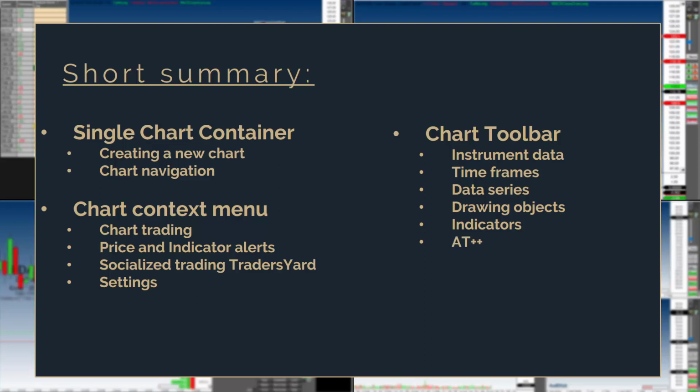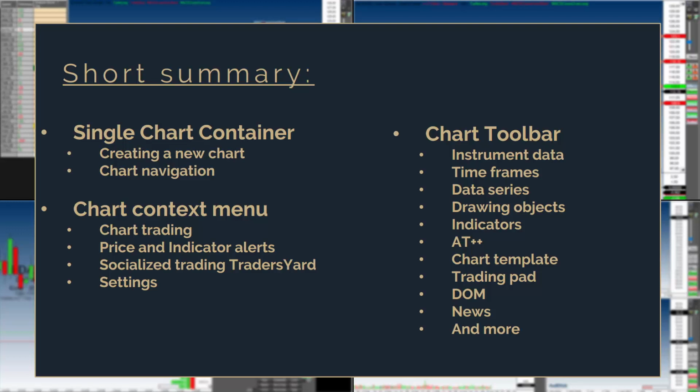We have the chart templates option, where we can save our changes to a template to reapply it on other charts. We can activate a trading pad for trading next to the chart. We can activate the DOM, the depth of market, for the market book, for the order book. And we can add Google News for the loaded instrument, and some more options.